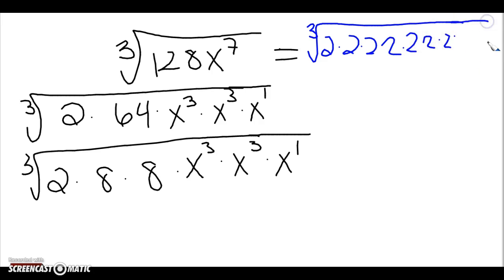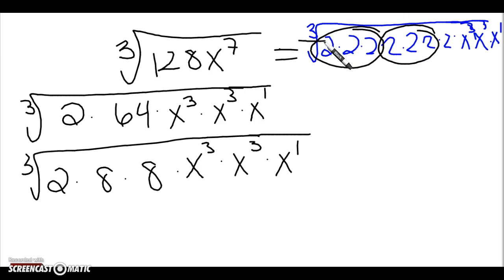Okay, and then I still have the x to the 3rd times x to the 3rd times x to the 1. Alright, and so every time I have 3 of something, one of them comes out. So I have 3 here because I'm dealing with cube root. And then I have this 3 here and this 3 here.